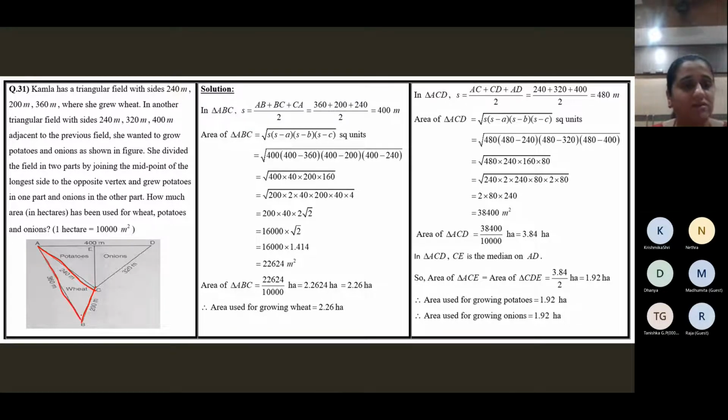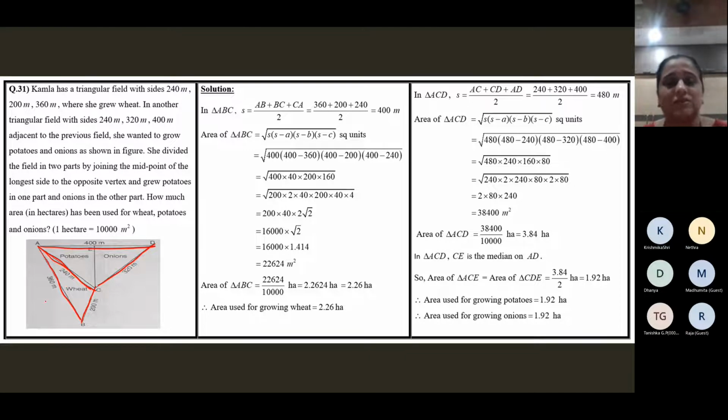Kamala has a triangular field with sides 240 meters, 360 meters and 200 meters, where she grew wheat. So in this triangular portion of the field, she grows wheat. In another triangular field with sides 240 meters, 320 meters, and 400 meters, adjacent to the previous field.